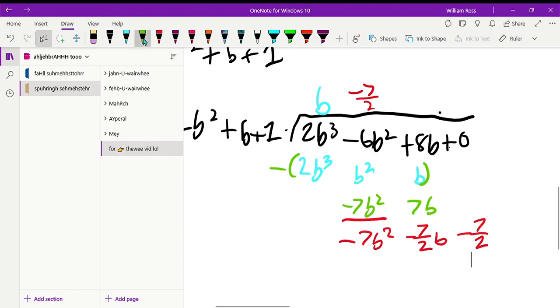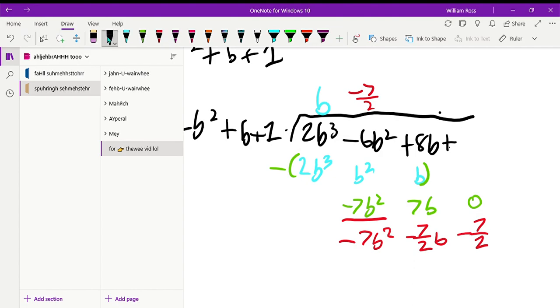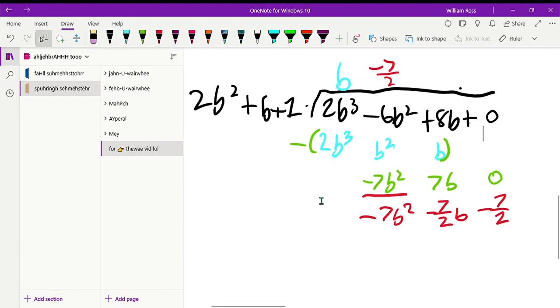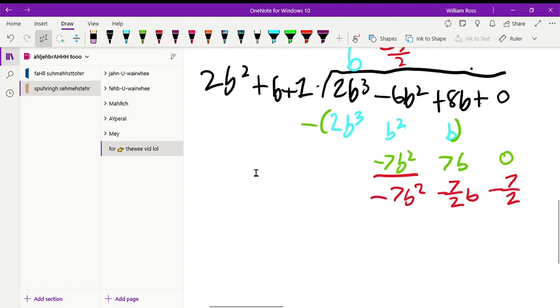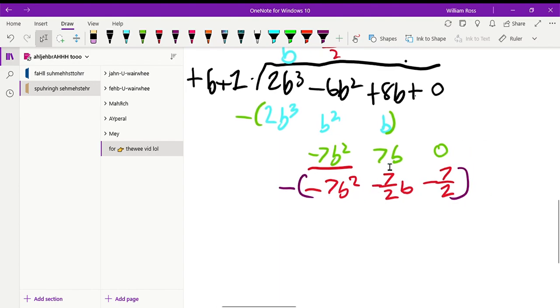Alright, let me just bring this down. That's supposed to be 0, not 6. Flip the signs. So these two will cancel out. 7b plus 7 halves b will be 21 halves b.